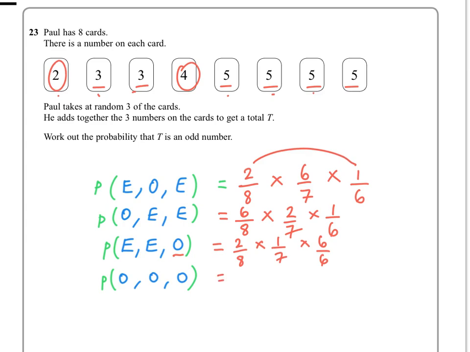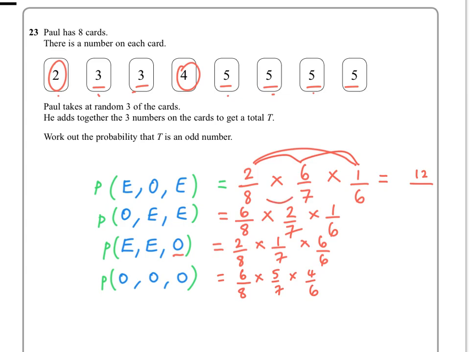And then lastly, odds. So we've got 6 out of the 8 times 5 out of the 7 times 4 out of the 6. Now, you can cancel these down. If you can try not to, it'll be better because that'll tell you more about what's going on. So I'm sure we can do 2 times 6 times 1, which is 12. Now, if you can just get this denominator right, then it's the same for each time.